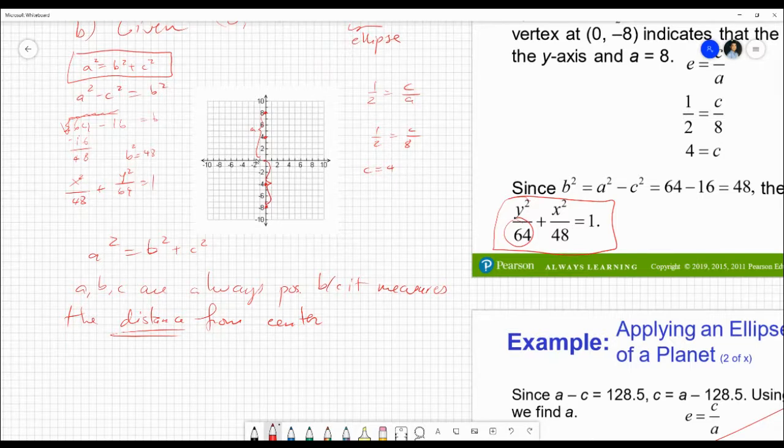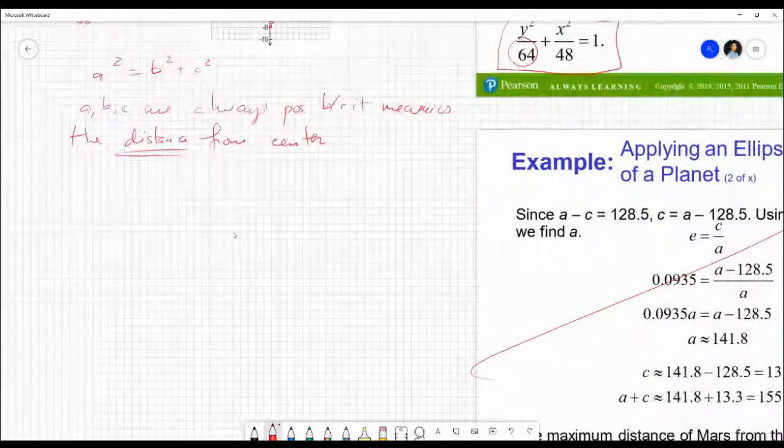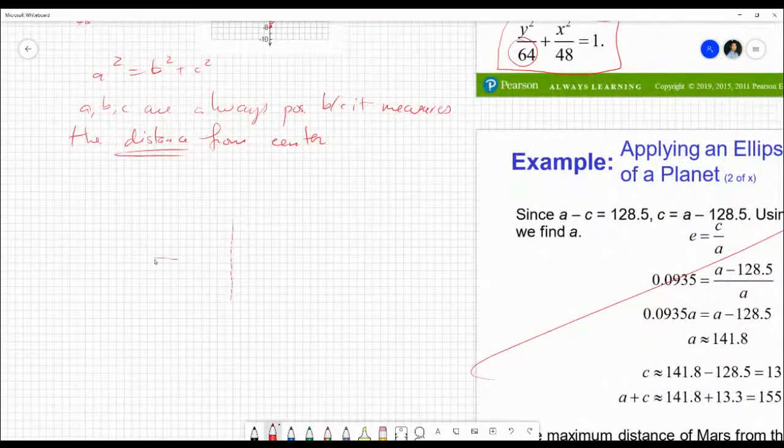So even if I give you another point, for example, an ellipse with the foci being here, you would measure the distance from here to here, not -4. This would be +4. Or if the center was somewhere else, let's say the center is over here, and the location of one of the foci is right here, then by default, the other focus would be in the opposite direction.